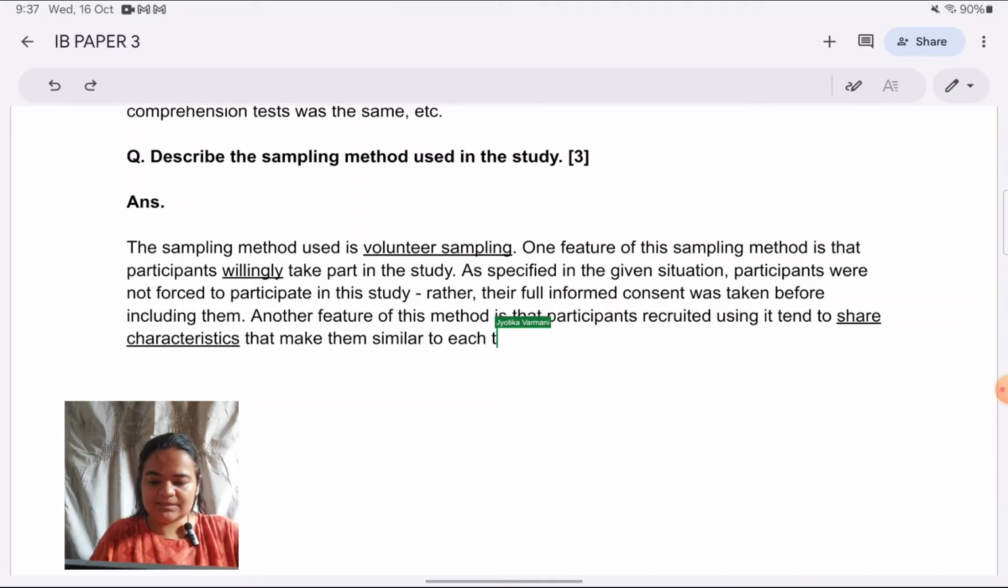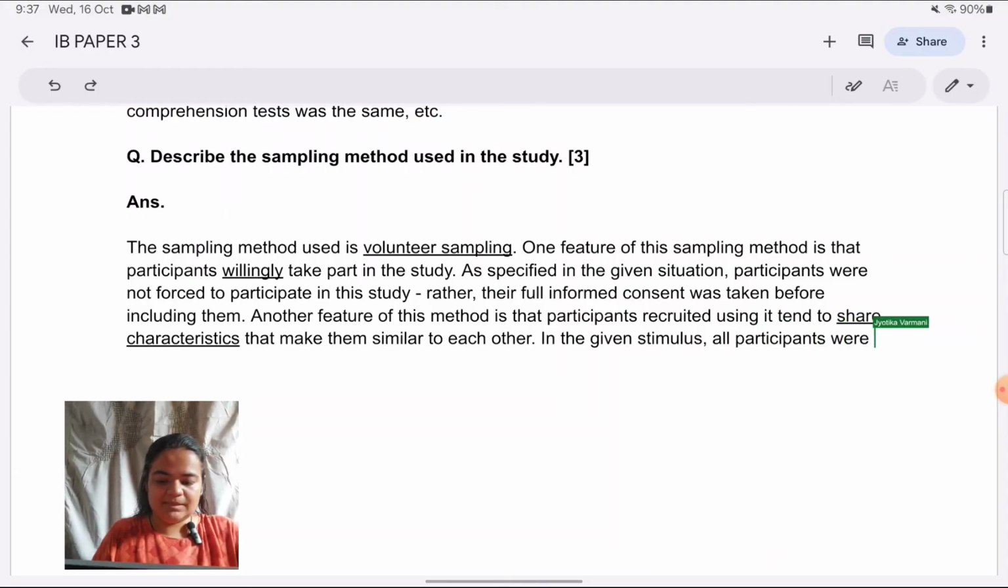In the given stimulus, all participants were from the same medical college in Asia, studying in the fourth year, making them similar to each other.